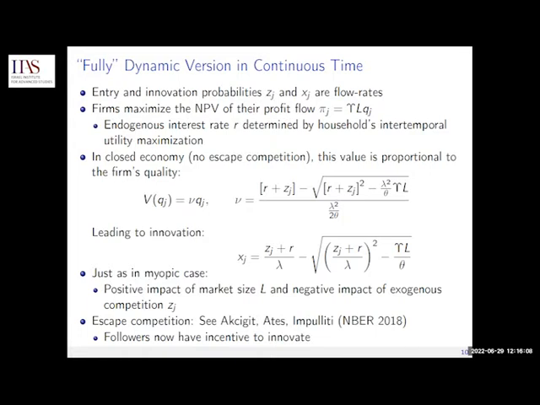And you can derive in closed form the innovation by the monopolist, which again is going to have exactly the same comparative statics as in the myopic case, except it looks a little bit nastier, but the same direction for all the comparative statics.